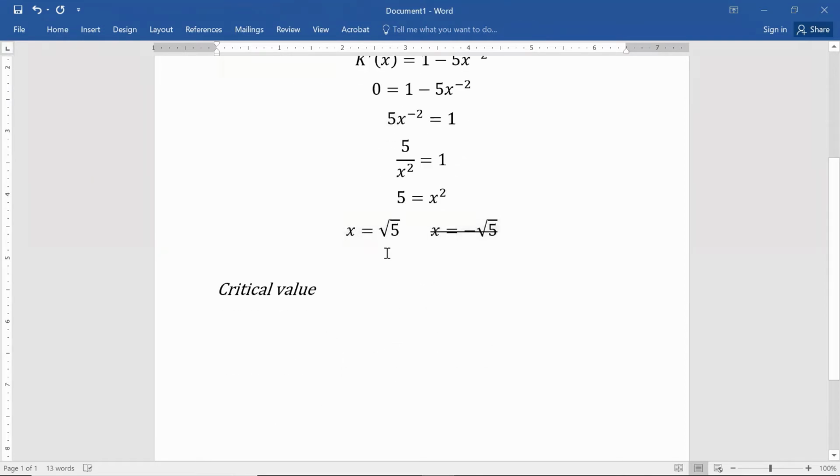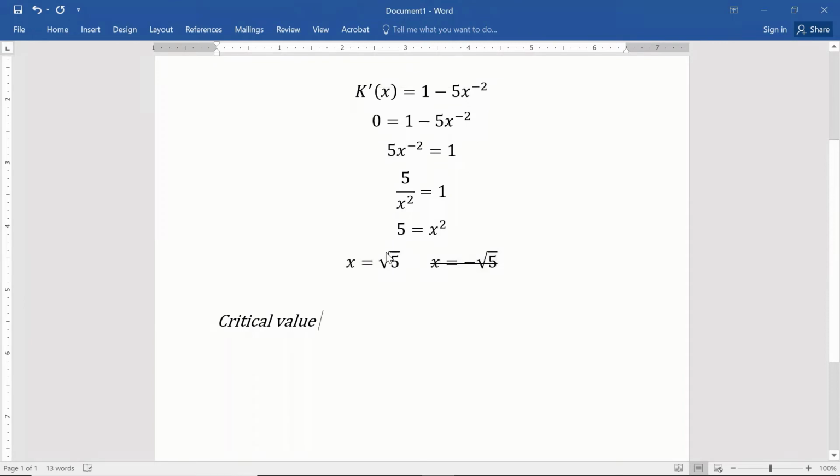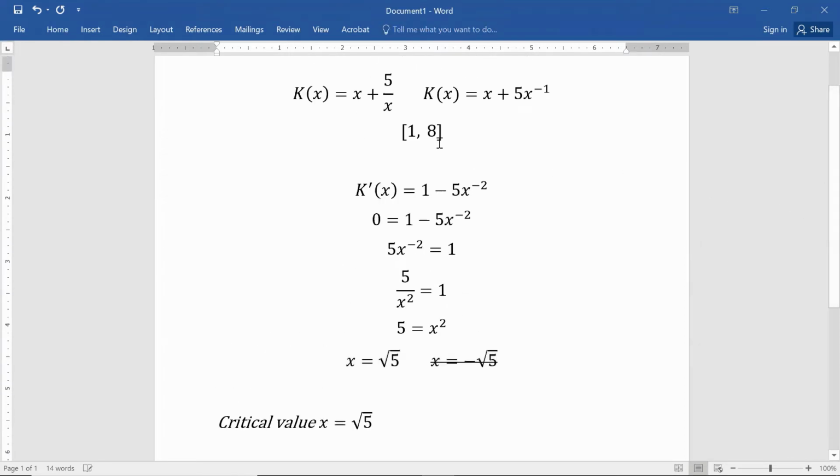So I have a critical value when x is equal to square root of 5. I also have two endpoints, one of which is at 1, the other of which is at 8.